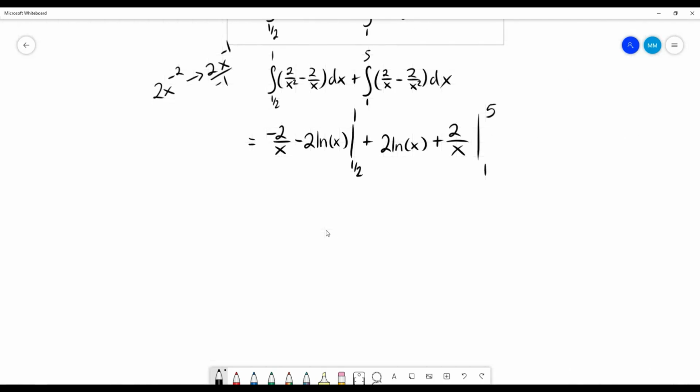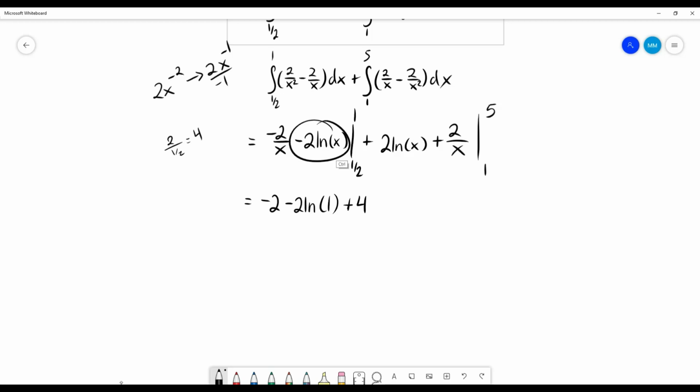Now I plug in those values. So plug in the 1, so it's going to be negative 2 over 1, which is negative 2, minus 2 natural log of 1, and then, of course, subtract the bottom, so it's going to be minus a negative 2 over 1/2, so it's going to be plus 4, because 2 over 1/2 is 4, because it's 2 times 2.